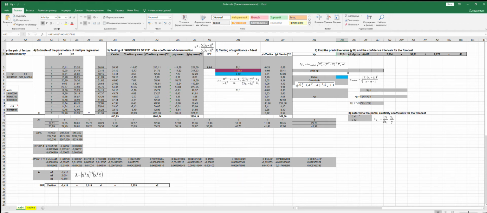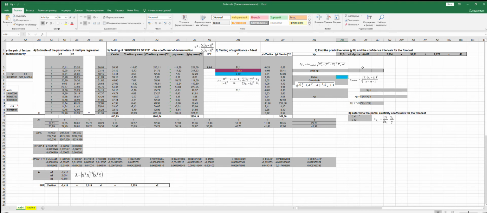But we also need to find the confidence interval of this value, and to find it we use these formulas. We need to find delta, and to define delta we first need the t table, or the table value of the t criterion.